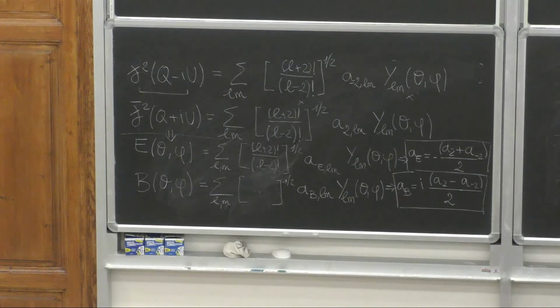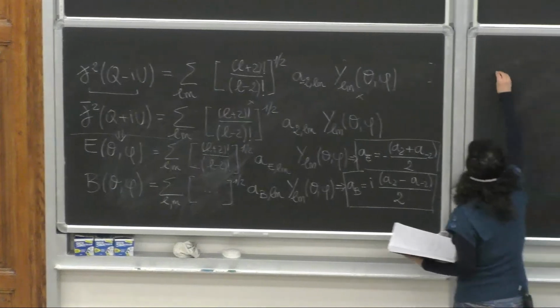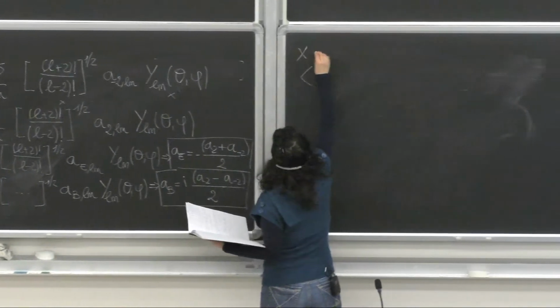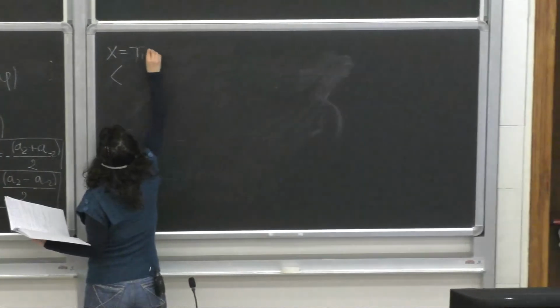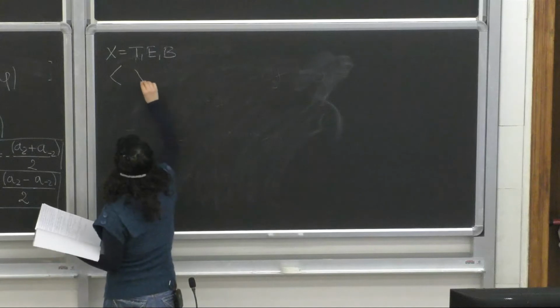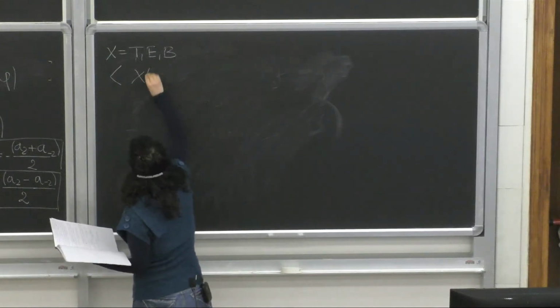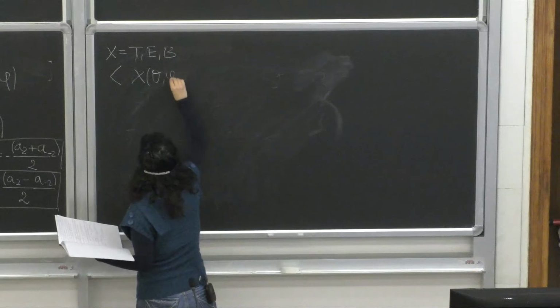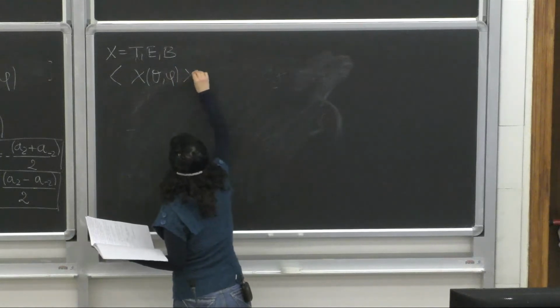So instead of being interested in the individual values of these fields, we are mostly interested in the statistical properties of these fields, and since they are Gaussian, we are interested in their variance or in their power spectrum. So what we want to compute at the end, let me call with X whichever of T, E, and B, is the ensemble average of possible correlations between these fields.